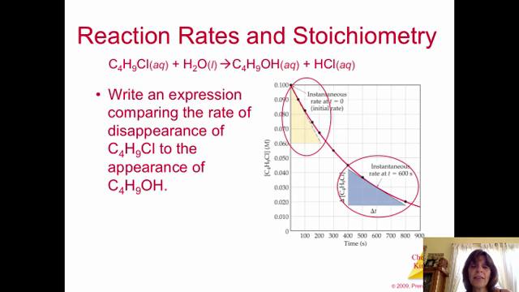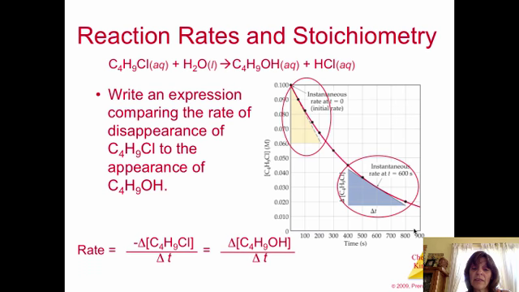Okay, so write an expression comparing the rate of disappearance of butyl chloride to the appearance of butanol. So how would those look different from one another? Think back to a couple slides ago. If you notice, butyl chloride, because it's decreasing in amount, will have a negative sign on its calculation, and the appearance of butyl alcohol will not have a negative sign.